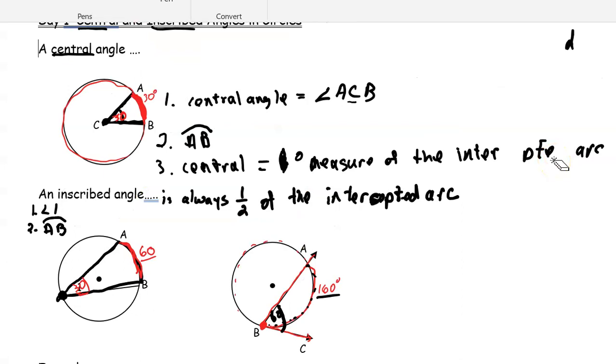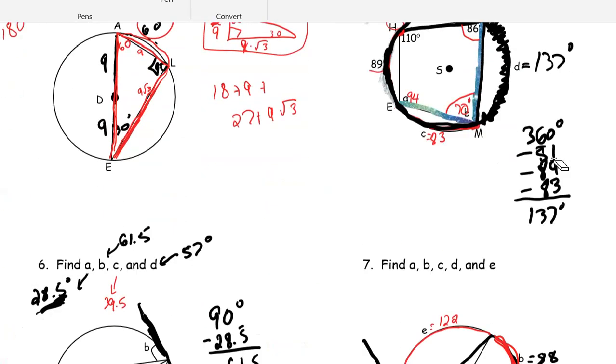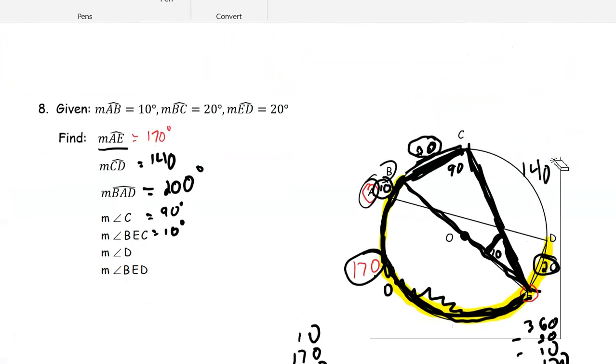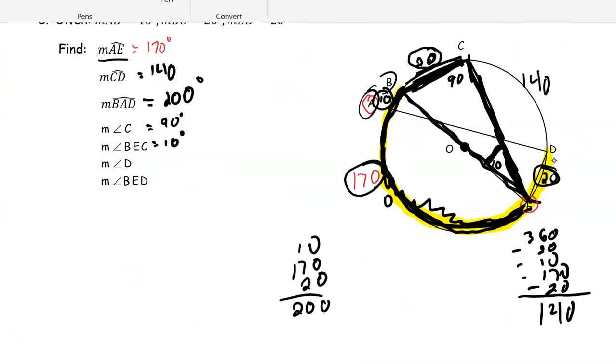So if we look at that guy all the way through, angle D, there is a line right here, and then to here. So think about that arc. That arc is 170. This has to be half of that, so this has to be 85 degrees.